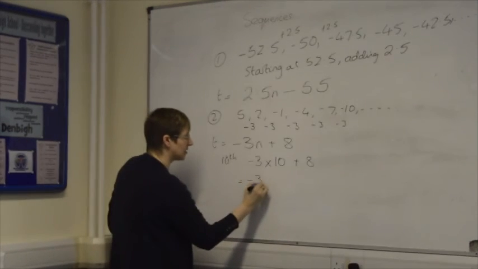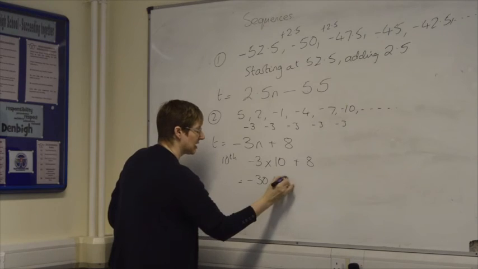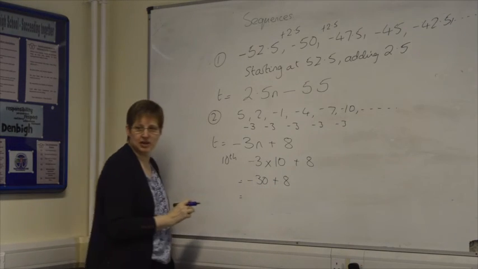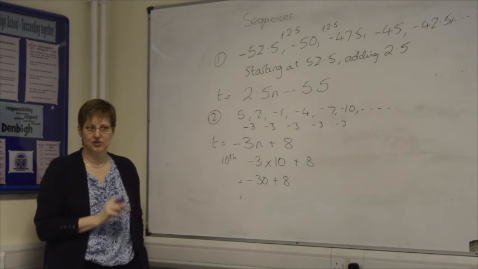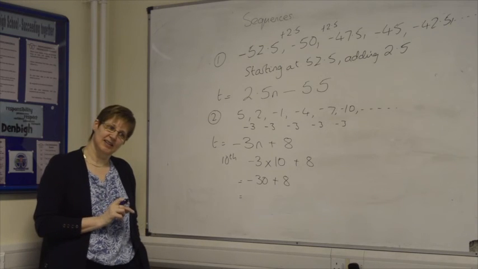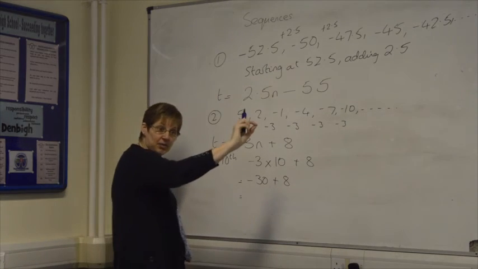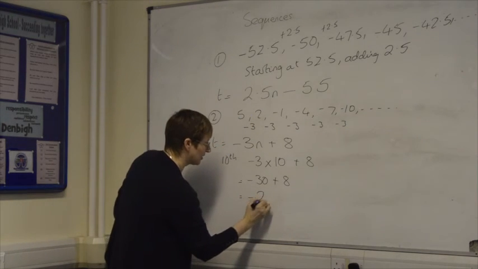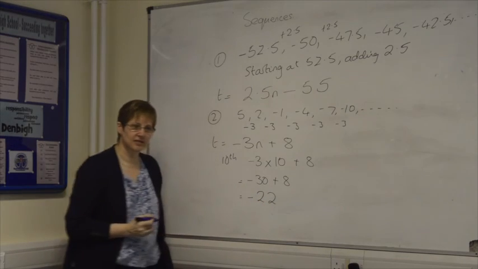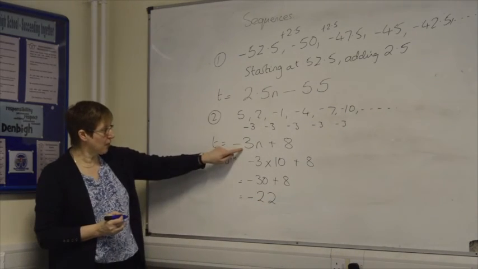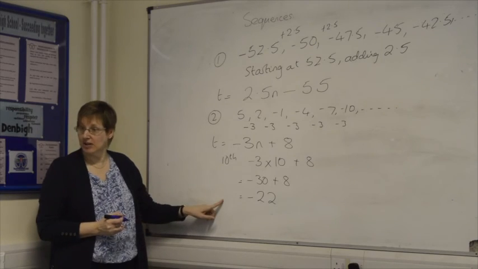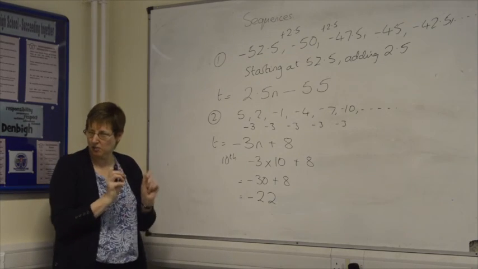It's minus 30 plus 8. And what's minus 30 plus 8? See if Charlotte can finish this for me. Minus 38. Oh, minus 22. Good. Yeah, so we're coming back up the number line, aren't we? Minus 22. So, with that formula, I can find any term I like in exactly the same way. I'm just going to be careful with my negatives.